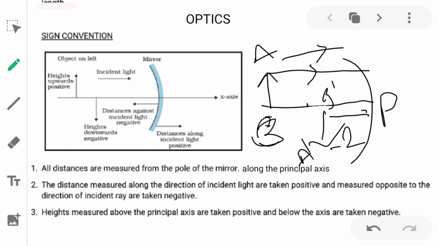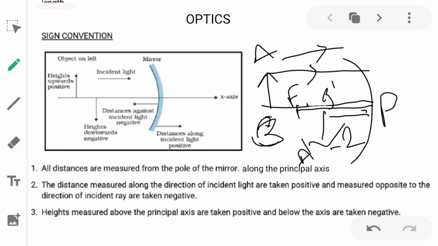Now let us see. If here is the principal focus, how are we going to measure the focal length? Always from the pole. So from the pole to F, PF will be our focal length. What about the sign, minus or plus?